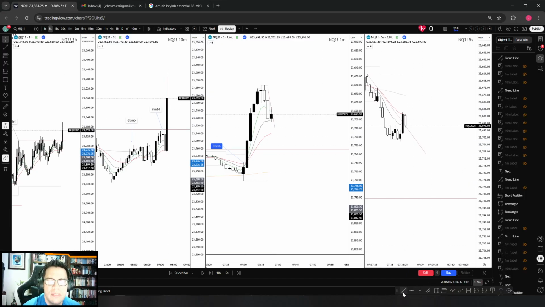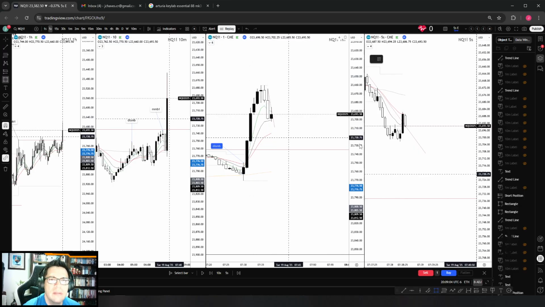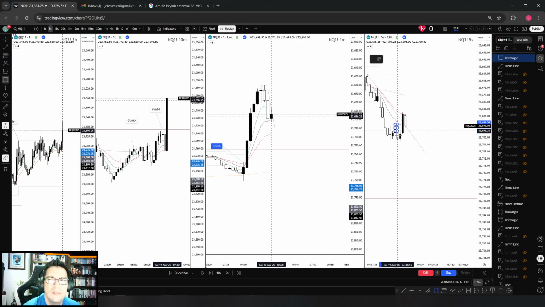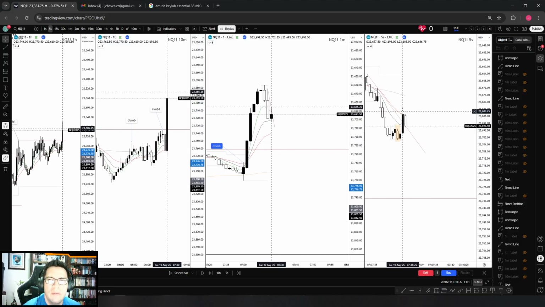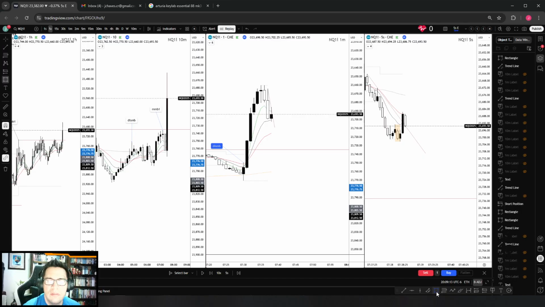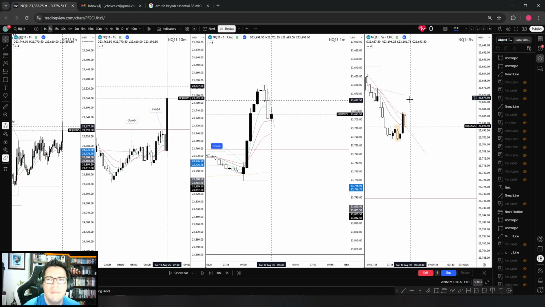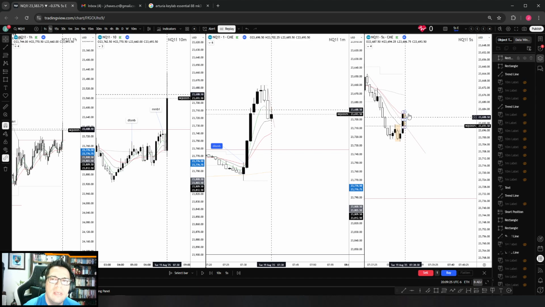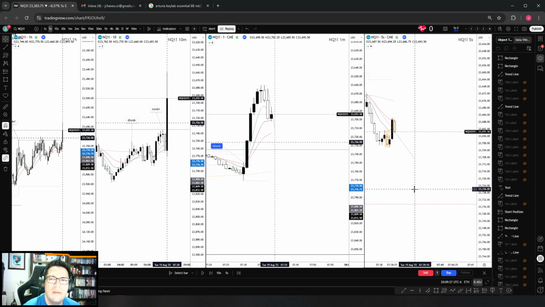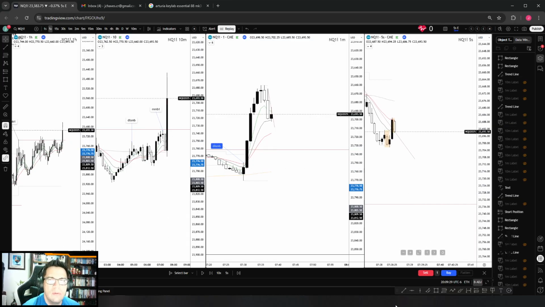And now this is the first time that we get this flush and a buildup of a possible double MB here with a possible tap in, which would be above the containment line and above these EMAs. So we have to see if that would be an entry that we get.